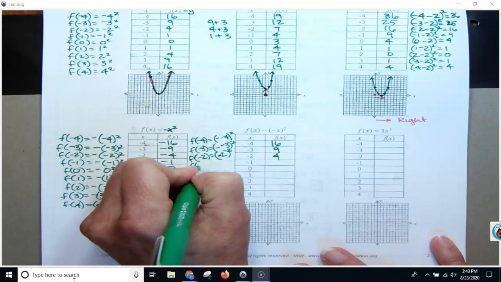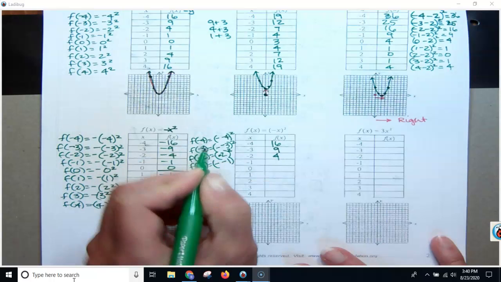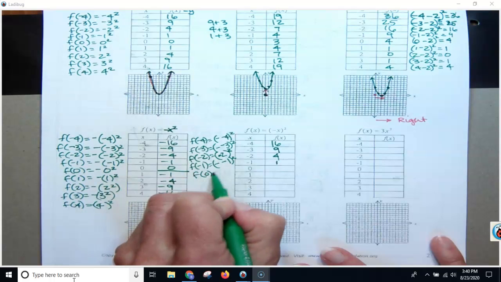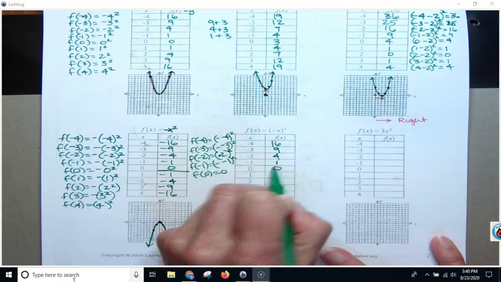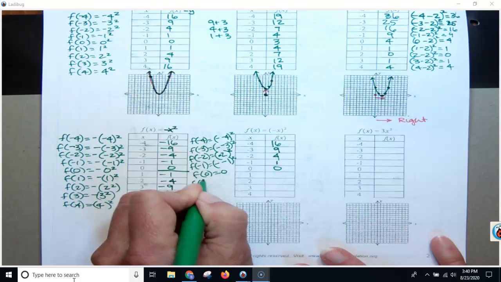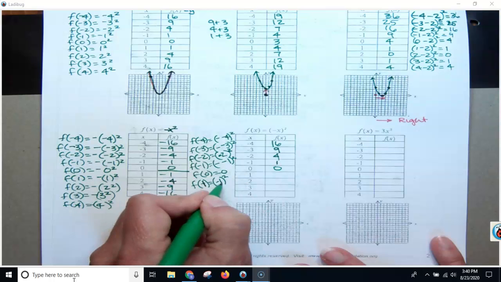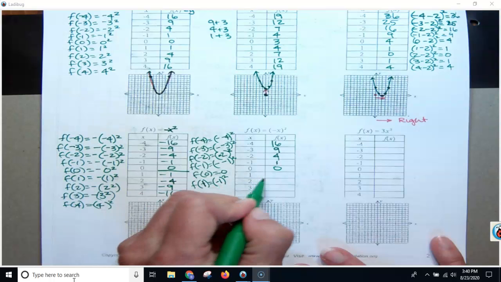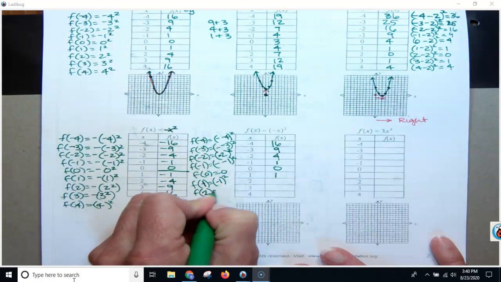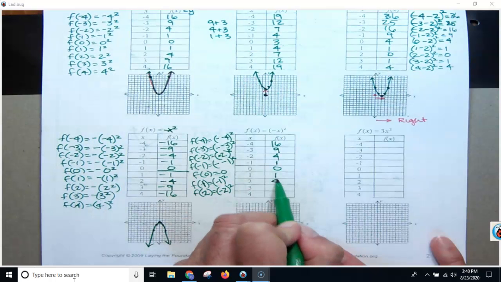And then f of negative 1, but the parentheses is inside, squared, is positive 1. F of 0 is 0. And then you just start getting positive. So even though we have positive 1, negative 1 squared is negative 1 times negative 1, which is positive 1. F of 2, negative 2 squared is negative 2 times negative 2, which is positive 4.